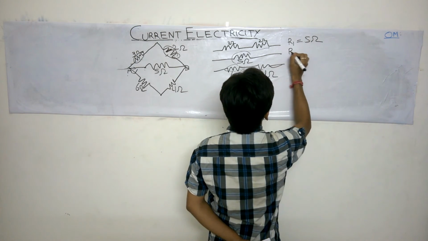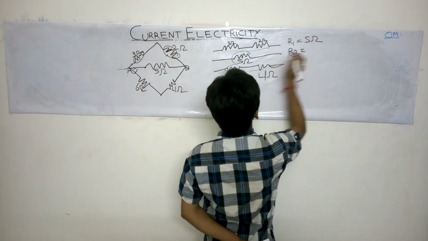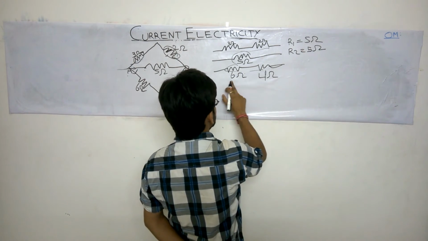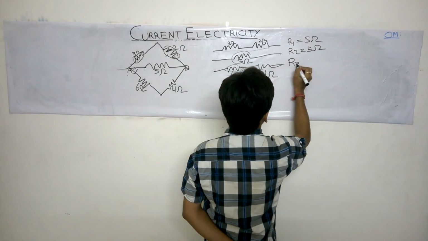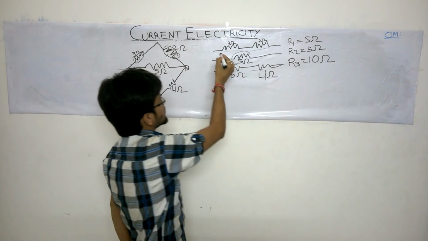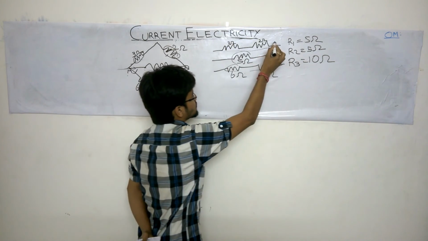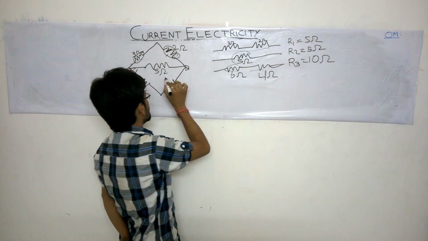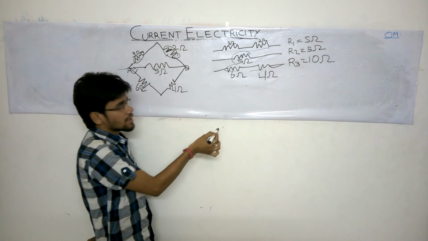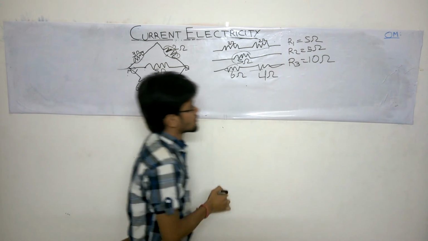This one is 5, we know that, given in our question. Second, the third one, that is R3, is 10 ohms. Now we calculated the equivalent resistance of this branch. This branch is already known, and this branch we also calculated. Now these 3 branches are in parallel.